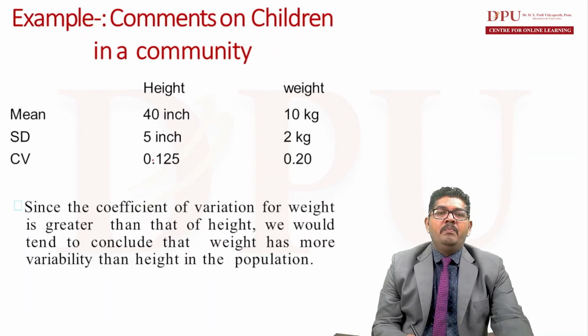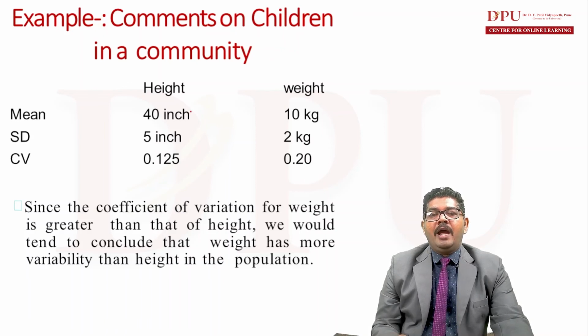Now we have to compare whether height is more consistent or weight is more consistent. Now the coefficient of variation for height is 0.125 and that for weight is 0.20. So CV for height is less and CV for weight is more.